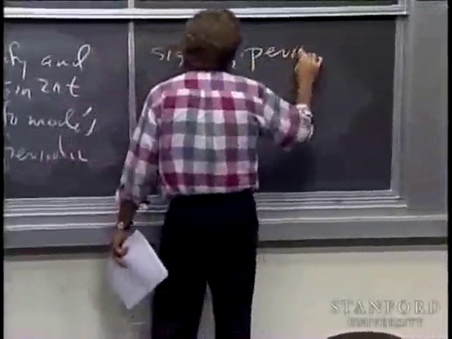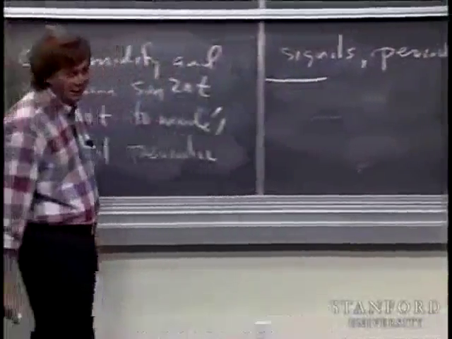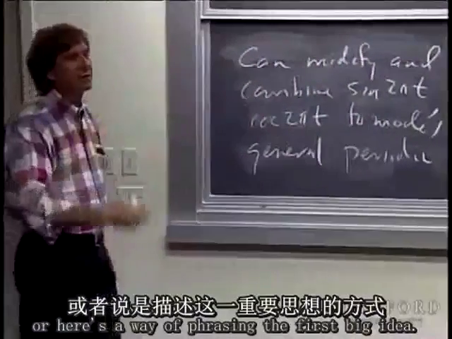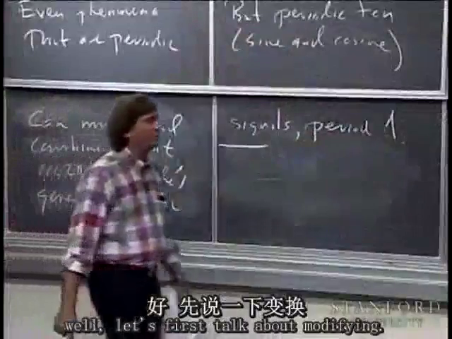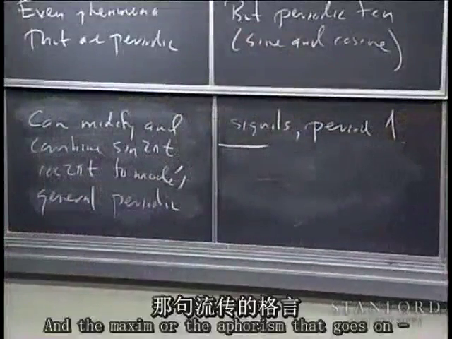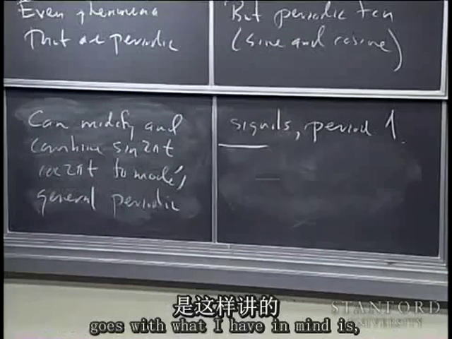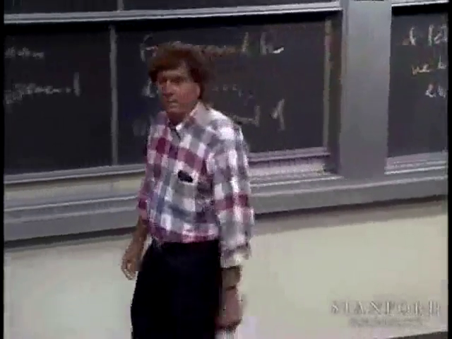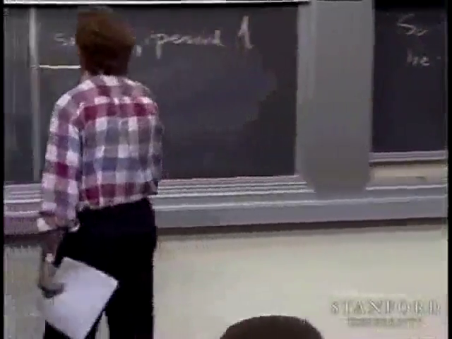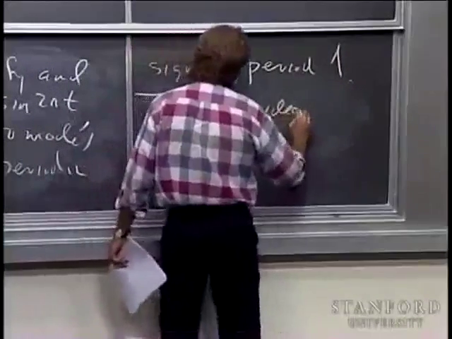All right, now, here is the first big idea, or here's a way of phrasing the first big idea. When I talk about modifying and combining, well, let's first talk about modifying. And the maxim or the aphorism that goes with what I have in mind is one period, many frequencies. First big idea.